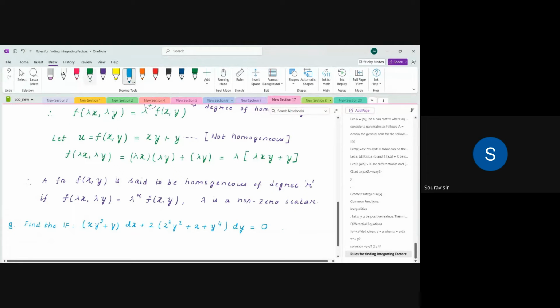So first of all, for this differential equation, can anyone tell me what is my M and N? Sir, M is xy cube plus y and N is 2 into xy square plus x plus y power 4.